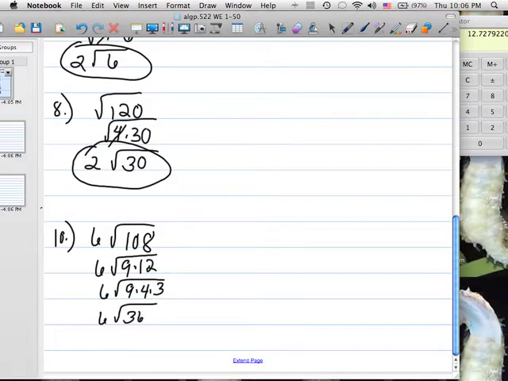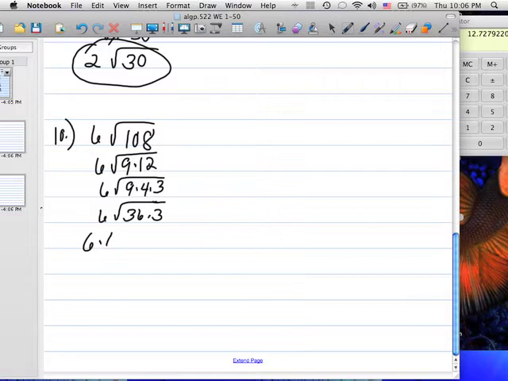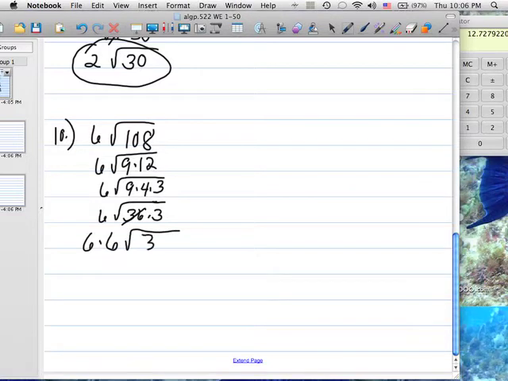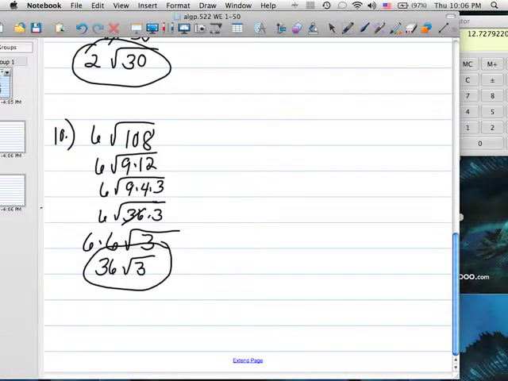So we actually have 6 radical 36 times 3. So the largest perfect square in there is 36. So the square root of 36 is 6. So we have 6 outside already times 6 because we're taking out the square root of 36. And there's 3 left. So that's going to be 36 radical 3.